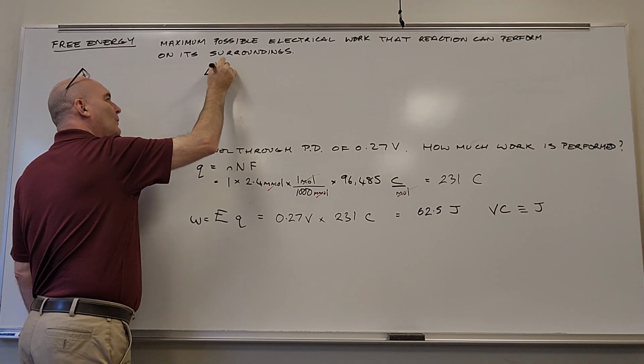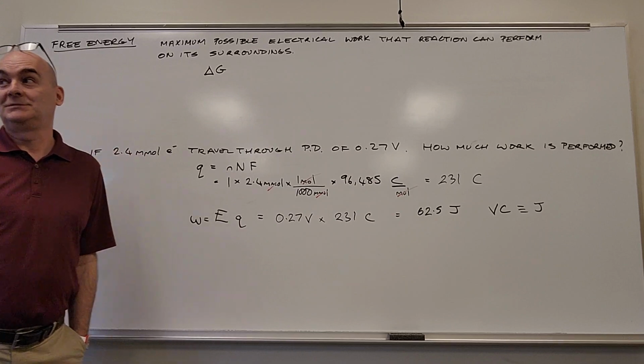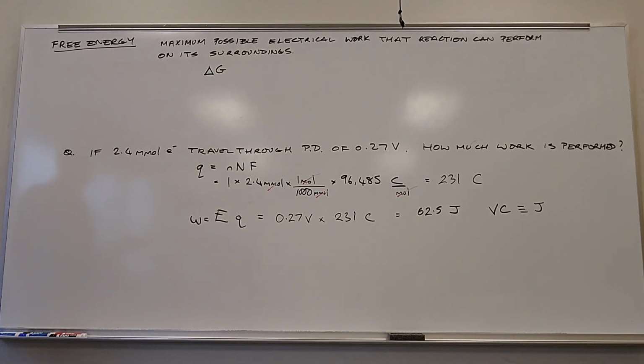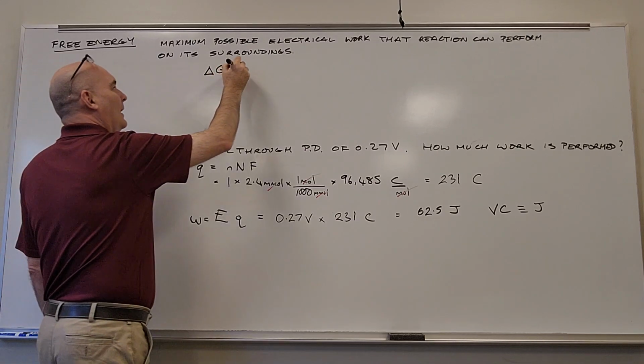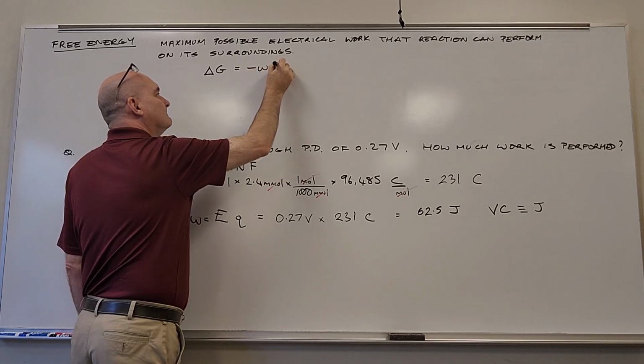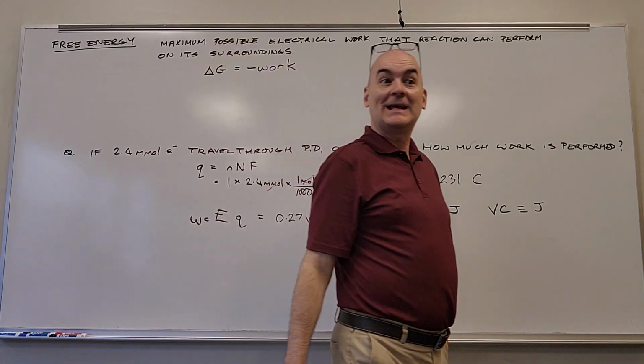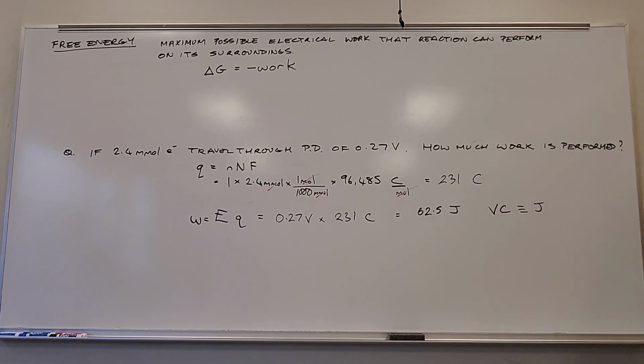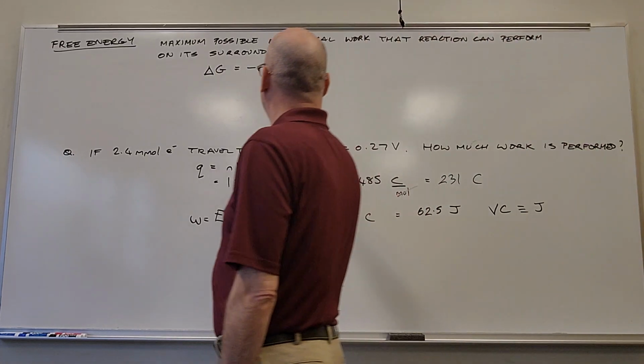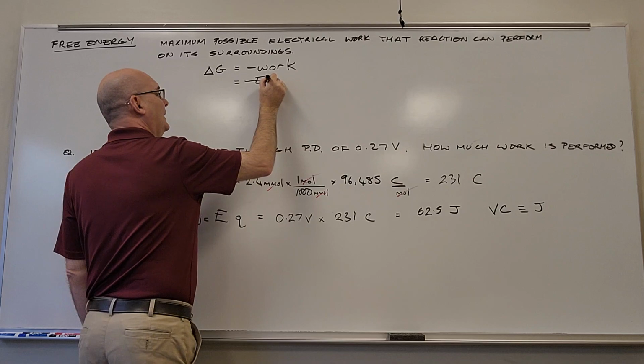We can use G on its own, but delta G is where the money's at. It's happening to the surroundings. It's the opposite. Work is done on the surroundings by the reaction. So it's the opposite. Negative EQ.